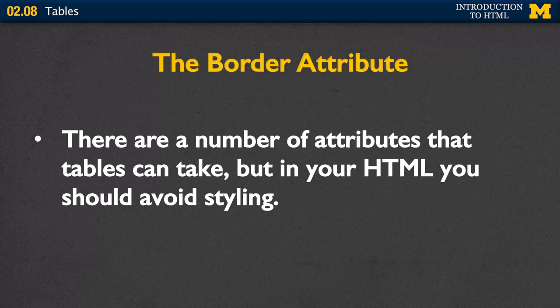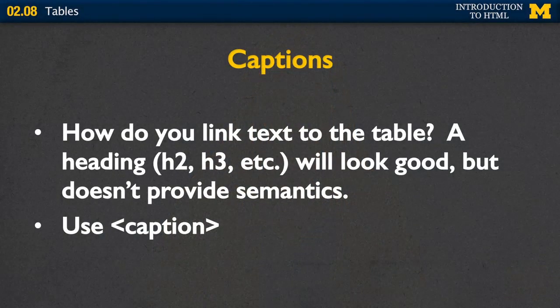So you can use the border attribute to put lines in between each one of your cells, and it's very common to do that. But in your HTML, I try to avoid styling. It's something we can add later if you decide to learn more about CSS. But it's an attribute that's so commonly used, I wanted to put it in there so you could see what was going on.